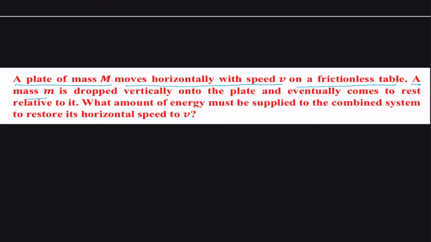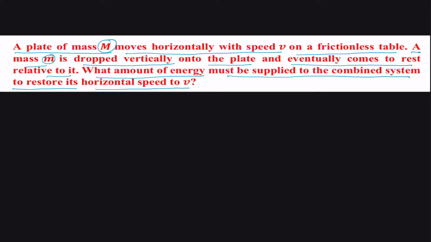A mass m is dropped vertically on the plate and eventually comes to rest relative to it. What amount of energy must be supplied to the combined system to restore its horizontal speed to v? Okay, so it means we have to come back to the original speed v when the mass small m and capital M are combined together.